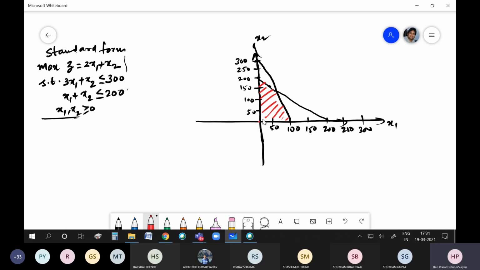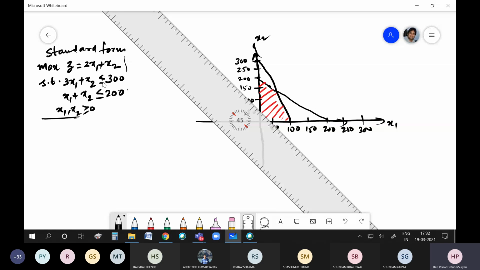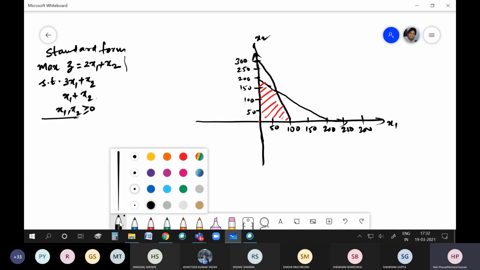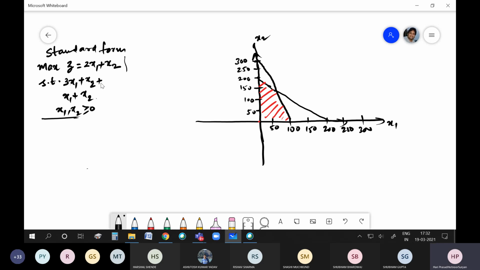So when I write this equation in terms of the slack variables, we can write it as plus x3 is equal to 300 plus x4 is equal to 200. This is plus 0 times x3 plus 0 times x4. Okay. What will be the solution here at the origin?